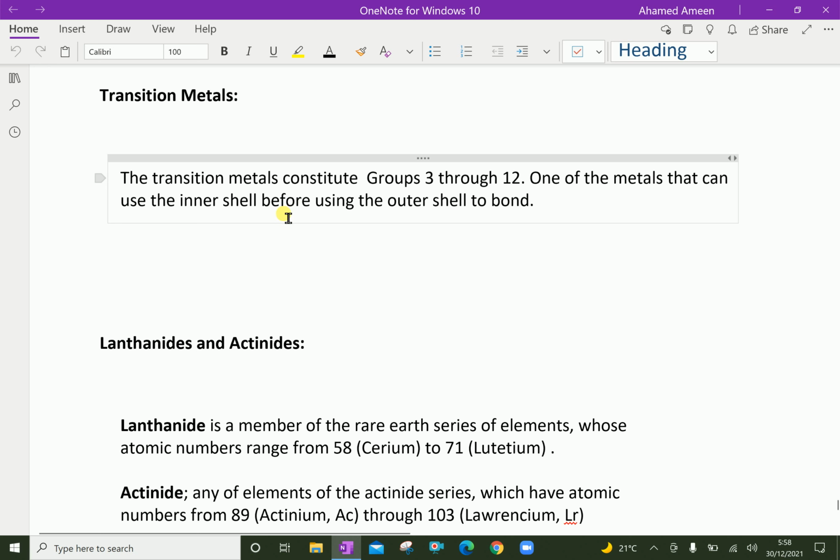A transition metal may lose 1, 2, or even 3 valence electrons, depending on the elements with which it reacts. Generally, the transition metals are less reactive than the alkali metals and the alkaline earth metals. In fact, some transition metals are so unreactive that they seldom form compounds with other elements.